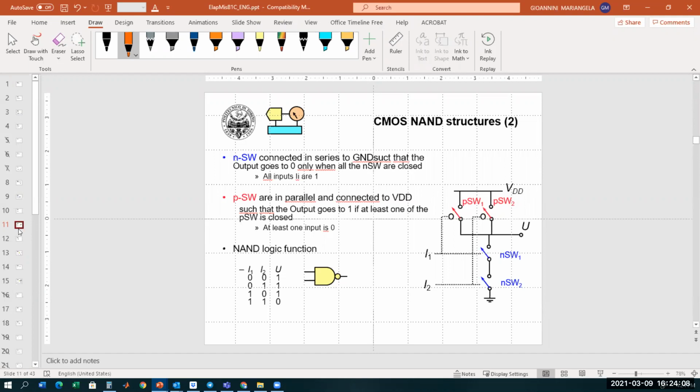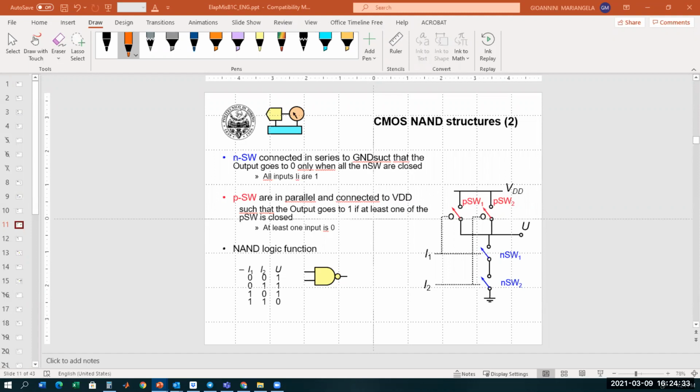Do you hear me? Excuse me, can you hear me? Yes? Okay, so I had a question. I understand the solution. It makes sense that when just one of the two inputs is low, then the output is going to be high. And if both inputs are high, then the output is going to be low.